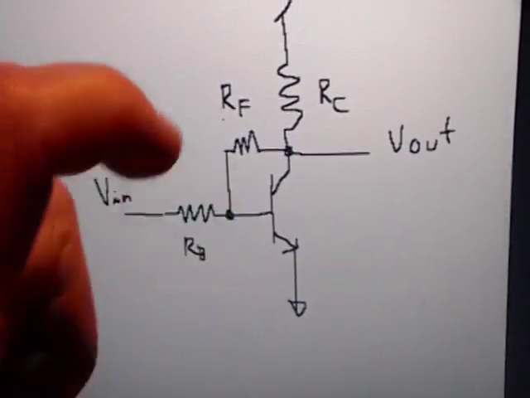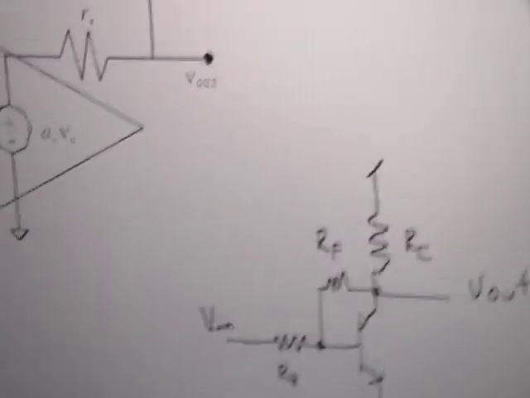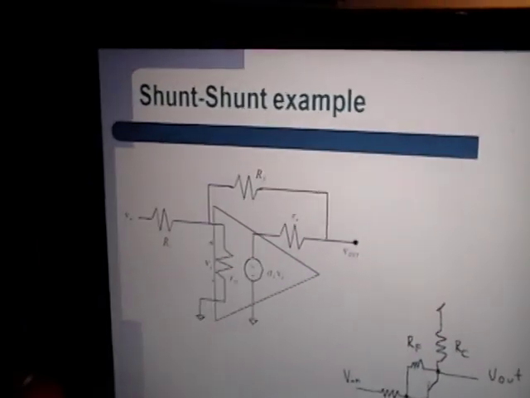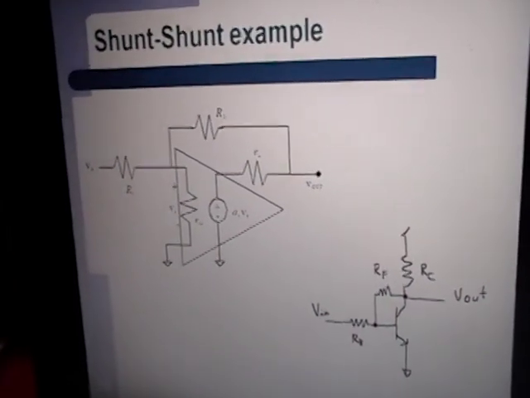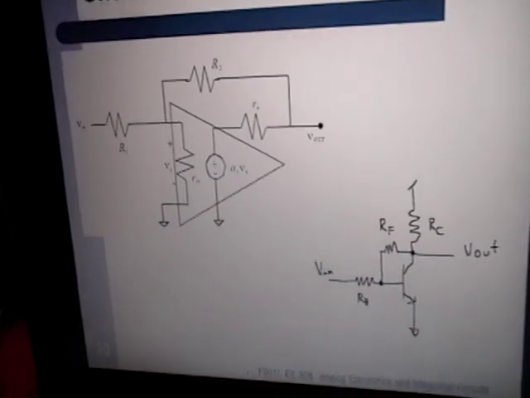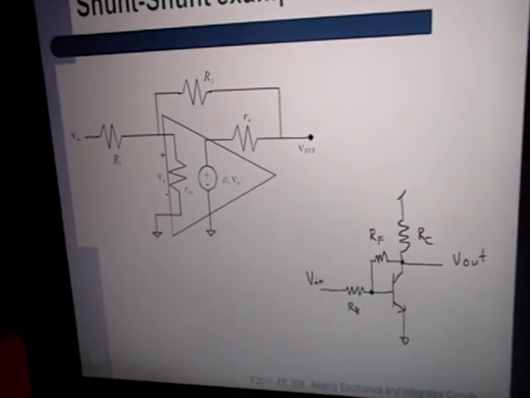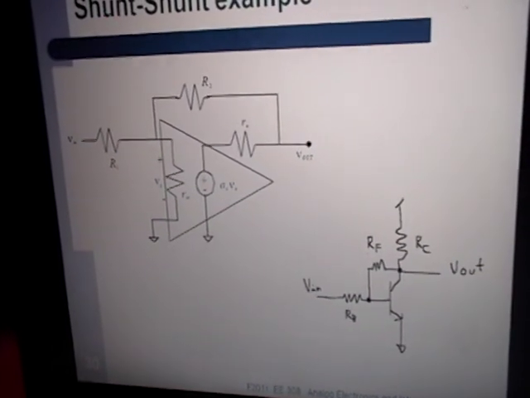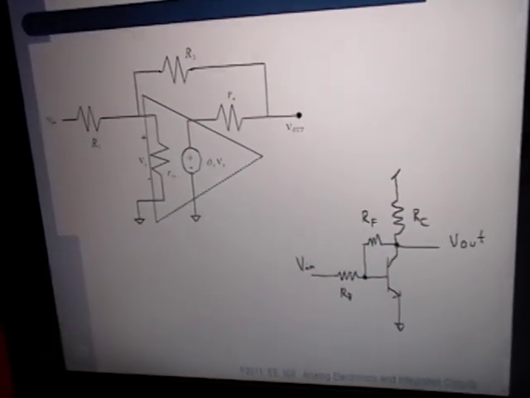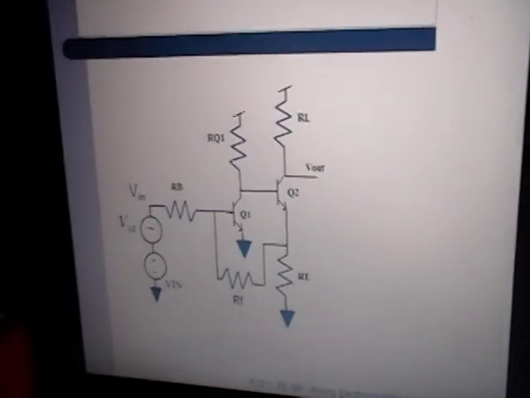They're going from the same point to ground, so those are in shunt. So this right here is a shunt. Output shunt, output same, V out to ground is the same as the input to the feedback network, and V in to ground is the same as the output of the feedback network. Okay, give that one a try.